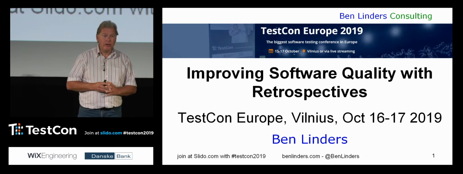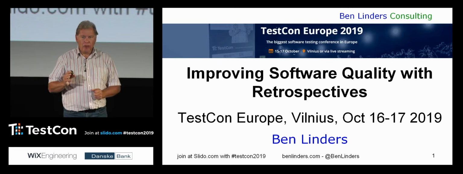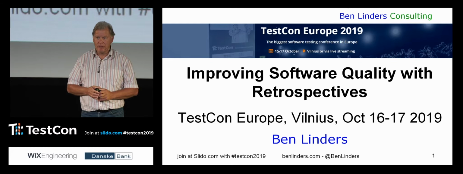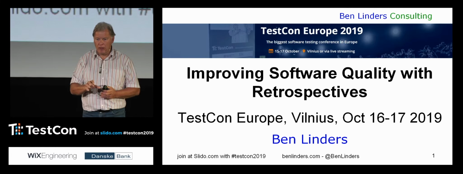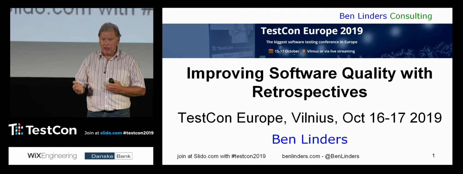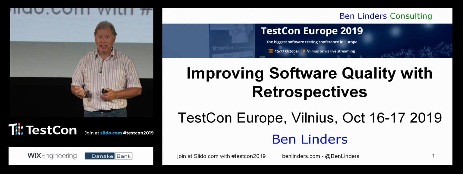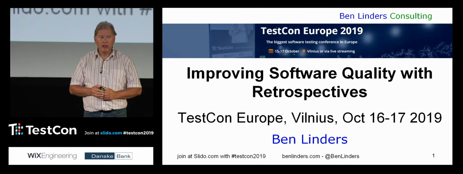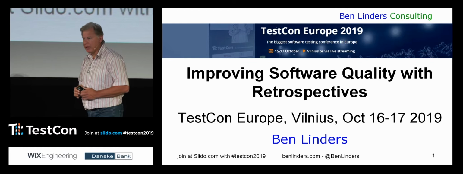So what are we going to be looking at in this talk? Well, we're basically going to be looking at how we can use agile retrospectives, which many of you may know as a technique for teams to continuously improve their way of working, and how you can use similar techniques and exercises from retrospectives to improve the quality of your products, the quality of the software that you are developing.